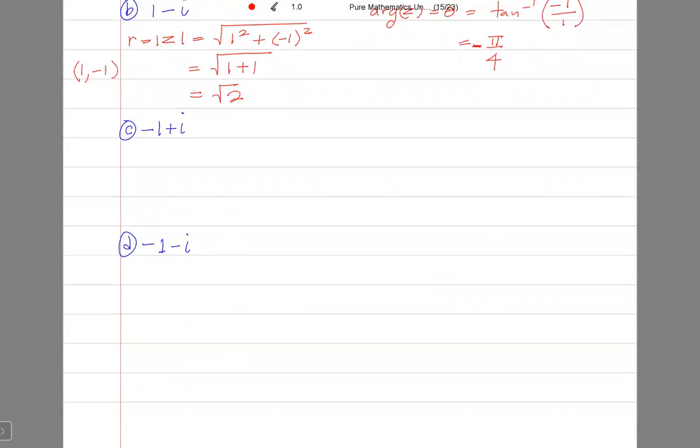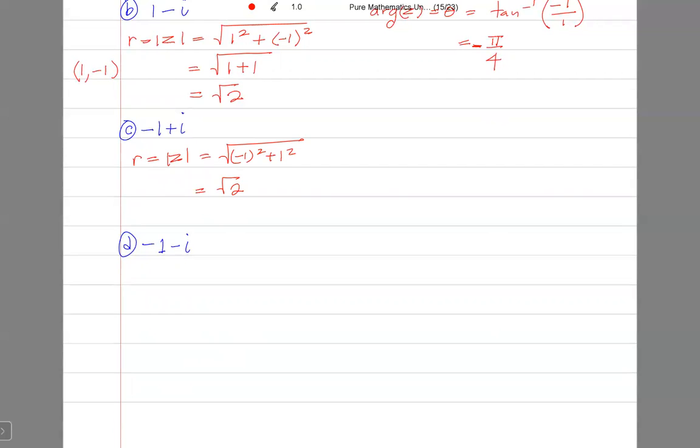So minus 1, 1 is the second quadrant. The modulus of z is the square root of minus 1 squared plus 1 squared, which is still the square root of 2.